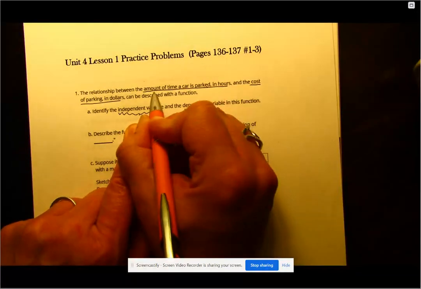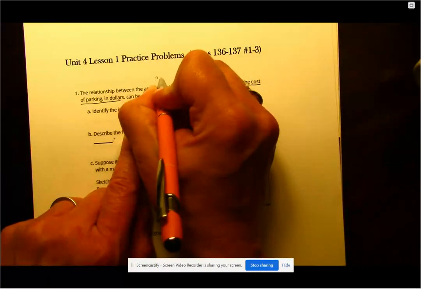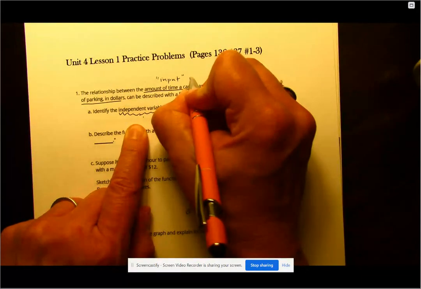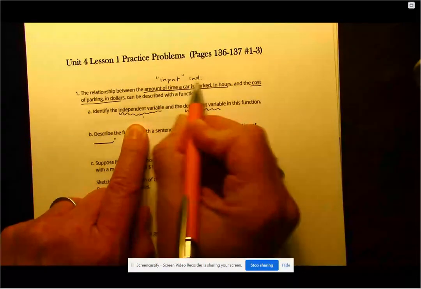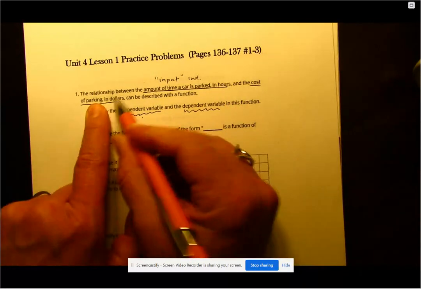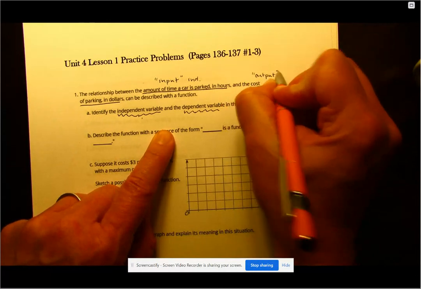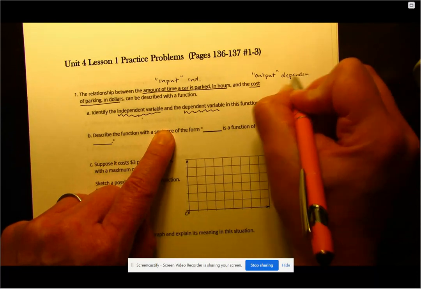So the amount of time a car is parked is what's going to be used. Input, independent. Okay, nice that they both start with an I. That is what's going to be used to calculate the cost of the parking. So this is going to be the output, otherwise known as the dependent. I think in science you call it a resulting variable.